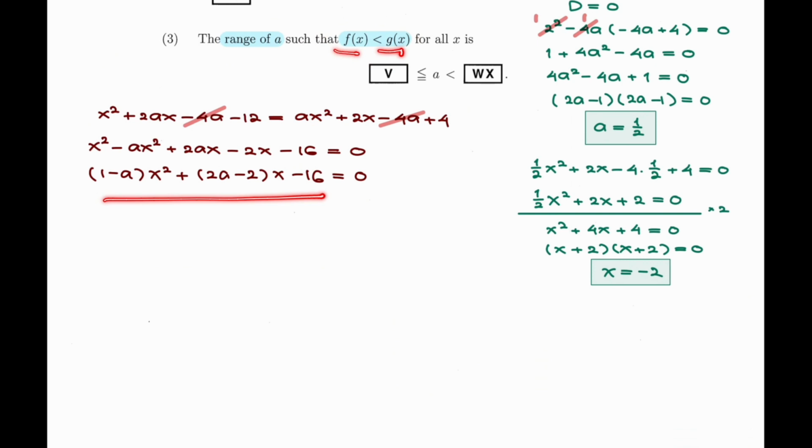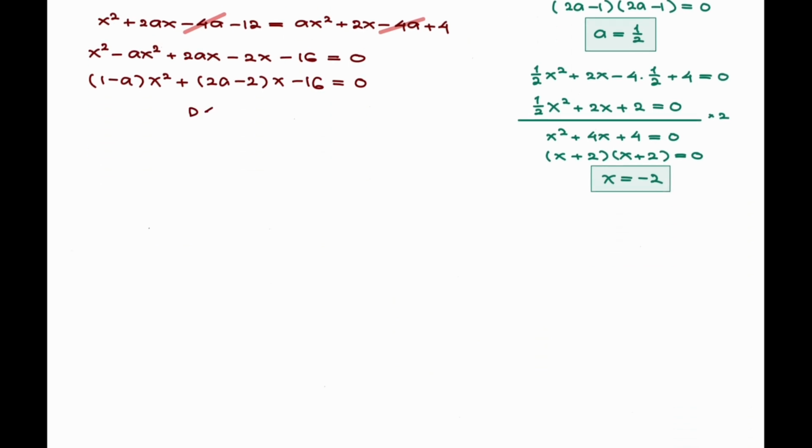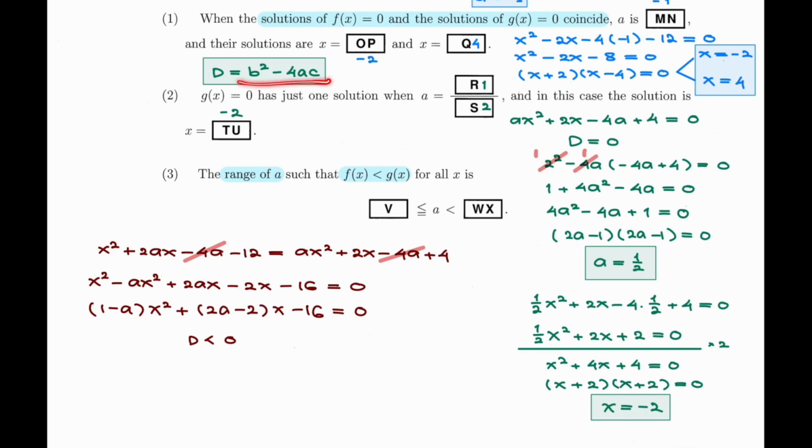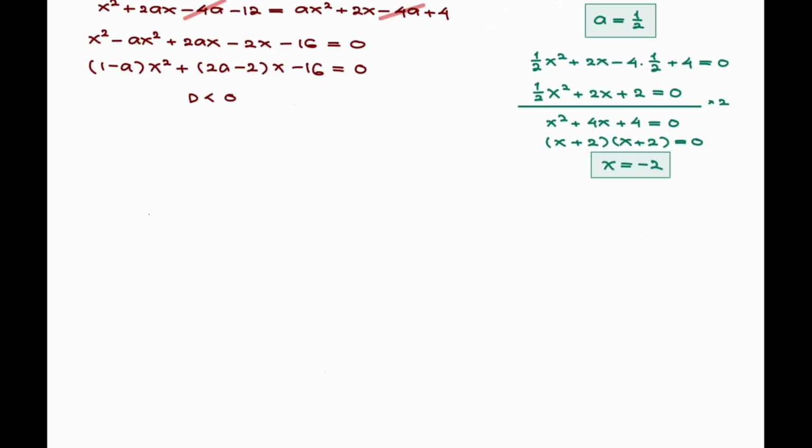For this equation to have no solution, the discriminant must be less than 0. The formula of the discriminant is b squared minus 4ac. Then this is b, so (2a minus 2) squared minus 4 times (1 minus a) times c, less than 0. By solving this inequality, we can find the range of a.